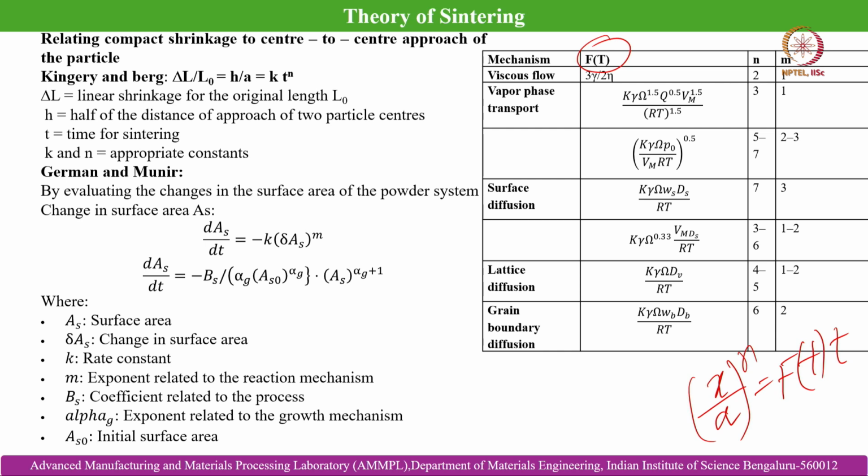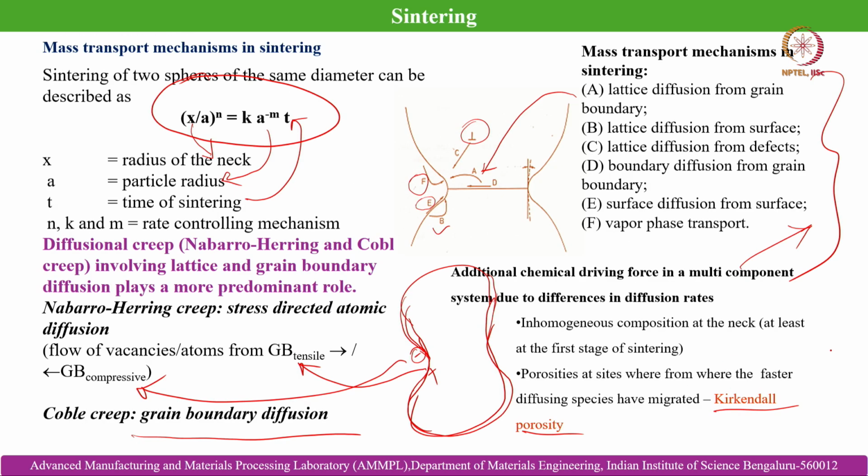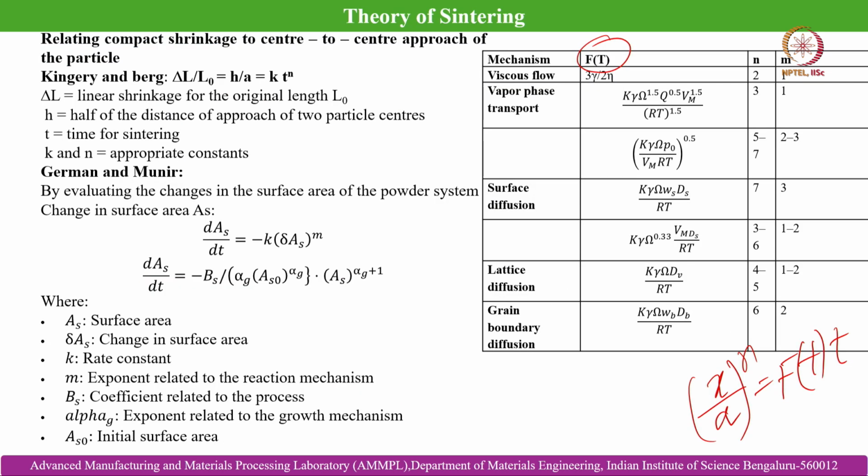There is also an a to the power minus m in the previous equation, so it is basically f of t, a to the power minus m into t. Then the values of n and m are listed for all the individual mass transport mechanisms dealing with the sintering process.